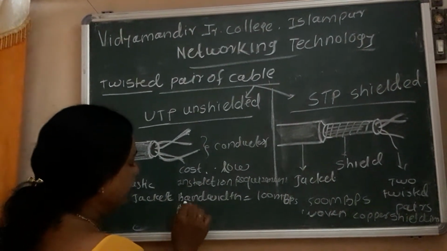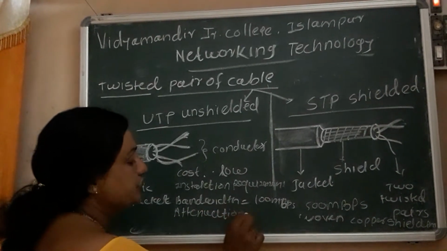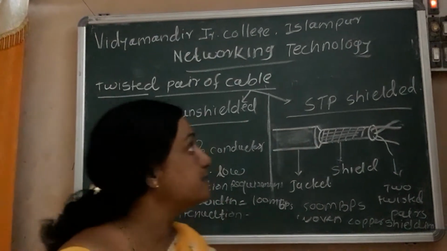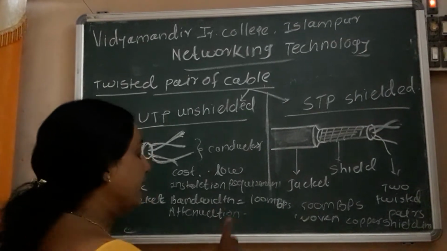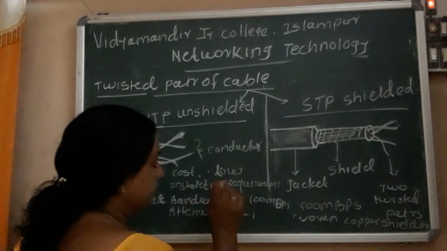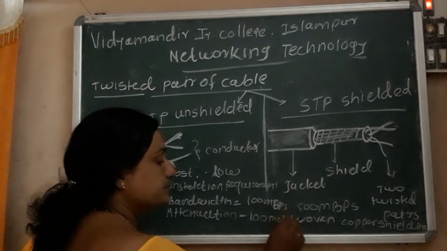Next one, attenuation. Attenuation means how much a signal is weakened from source to the destination. Attenuation is low in the cable up to 100 meters.